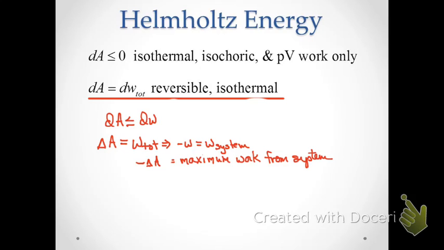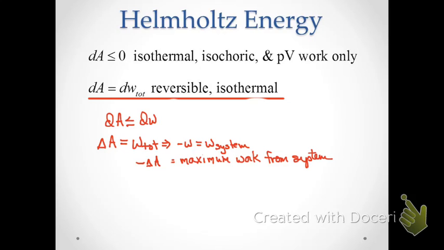So this Helmholtz energy serves two functions. One, if we calculate delta A for an isochoric, constant volume, isothermal system, and we find that delta A is less than or equal to 0, that means as long as there is only PV work, the process will be spontaneous. So the sign of delta A determines whether a process will be spontaneous under isothermal isochoric conditions.